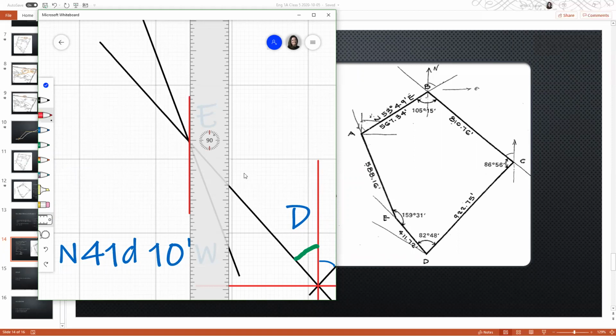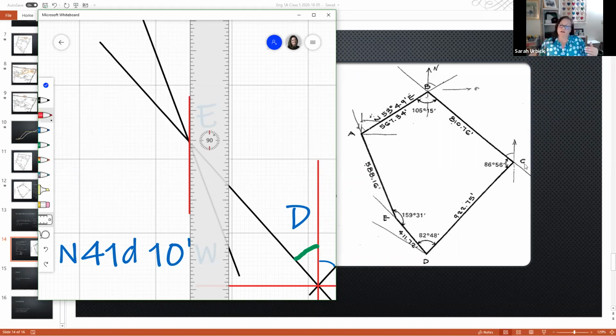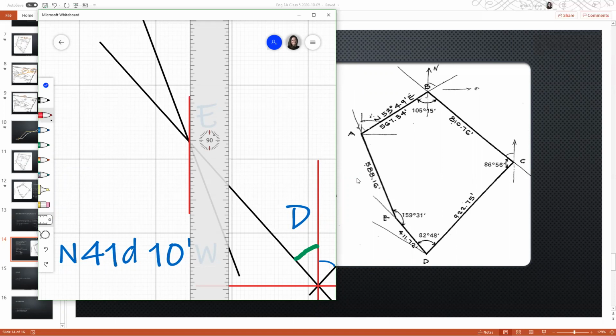Kind of coming back to what Kenny was saying earlier, if I'm standing at point B and I walk to point C, then my bearing is going to be south and east. But if I walk from B to A, even though the actual bearing is northeast, it's also southwest if I'm going from B to A. Same angle.